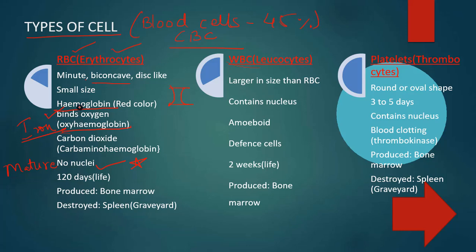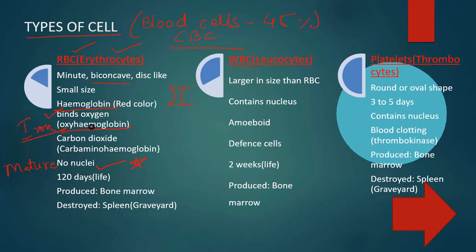So what is the function of this RBC? RBCs are basically carrying oxygen to all parts of our body. And how do RBCs carry oxygen? RBCs carry oxygen with hemoglobin, a protein present in RBCs that helps in the transport of oxygen.